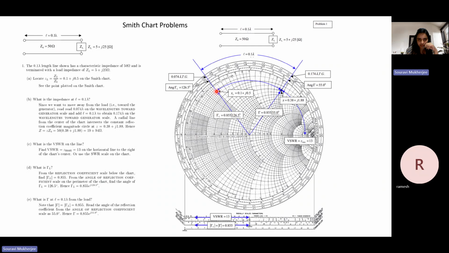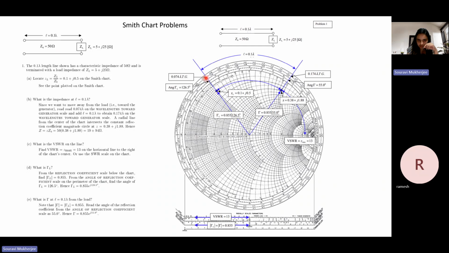For the second part of the question, it is asked what the impedance is at L equal to 0.1 lambda. That means you are moving towards the generator. When you move towards the generator, you have to take a clockwise turn. At the load end, this is your impedance. So you draw a straight line from the center and extend it out.